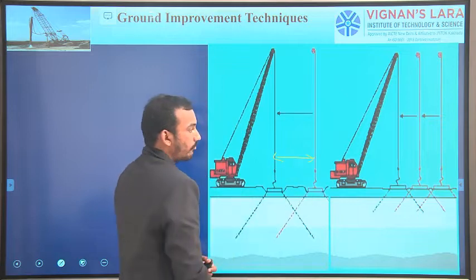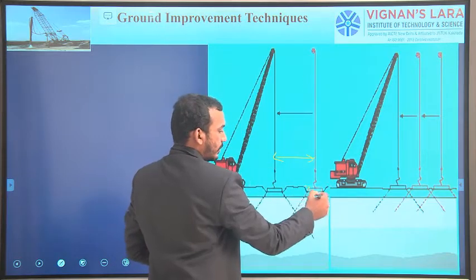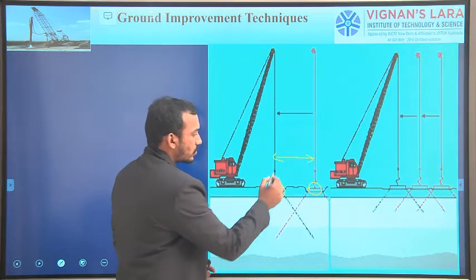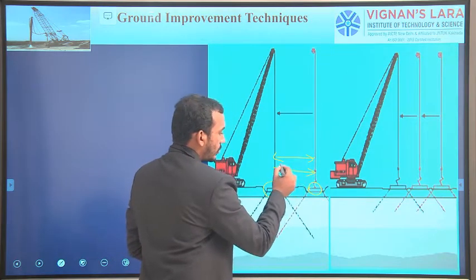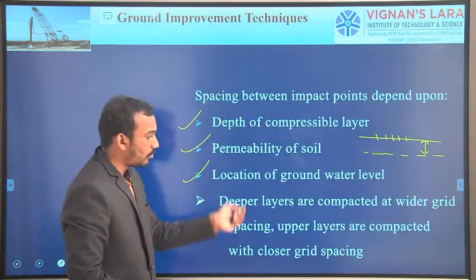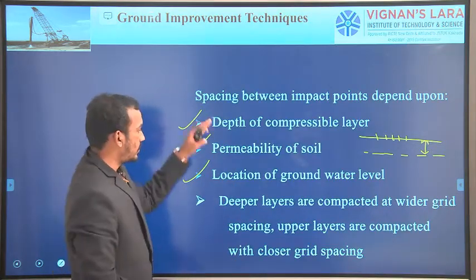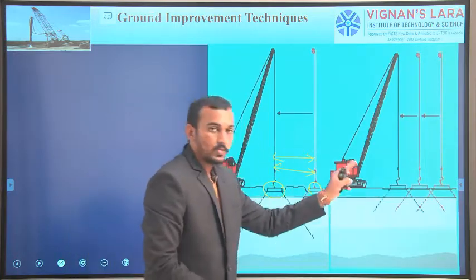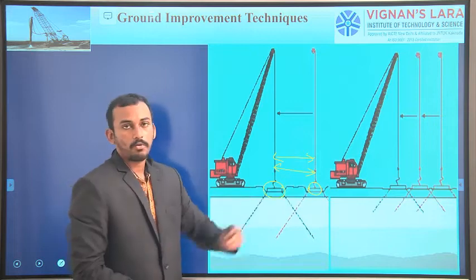First of all, we drop the weight at this location. Then we move to this location. So what is the spacing between these 2 points is the question. Okay, that is depending on these 4 points only. Based on these 4 points, we fix the spacing between two impacting points.